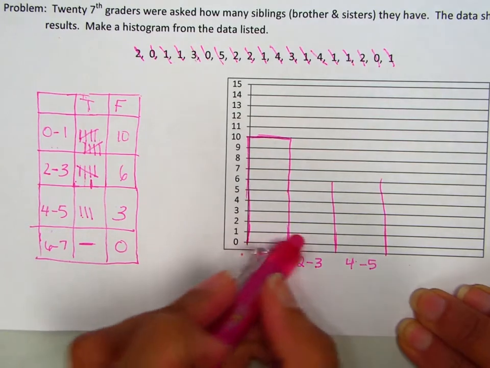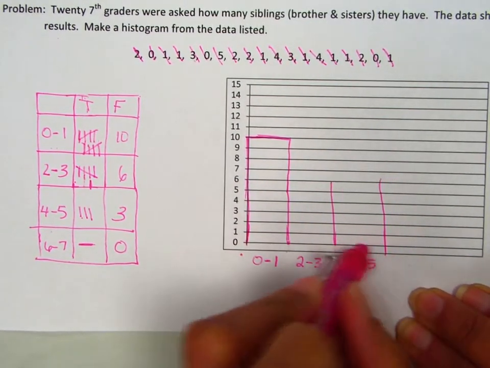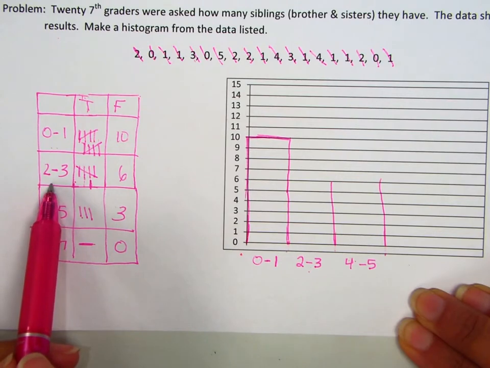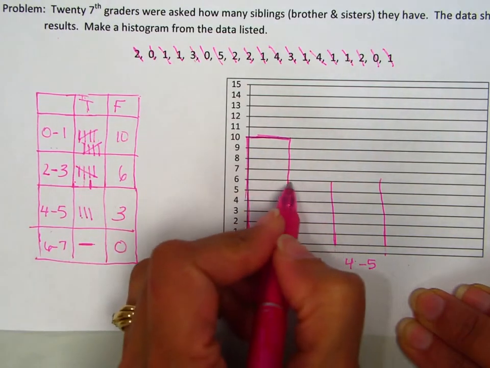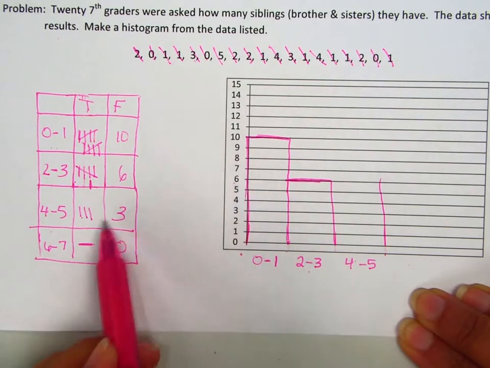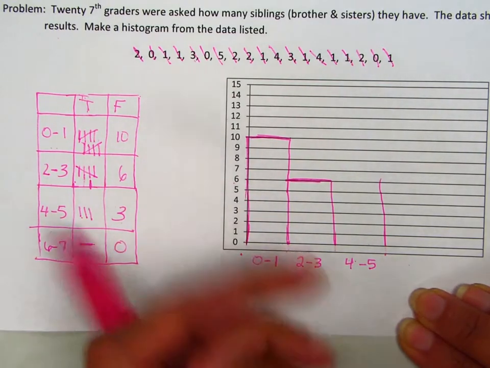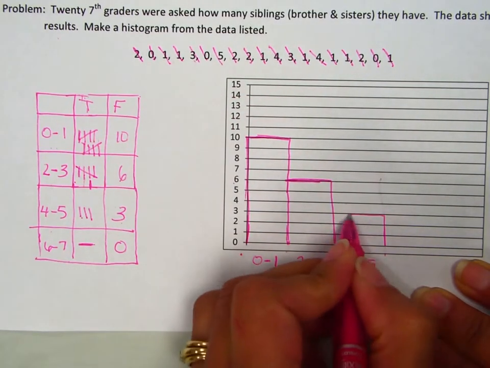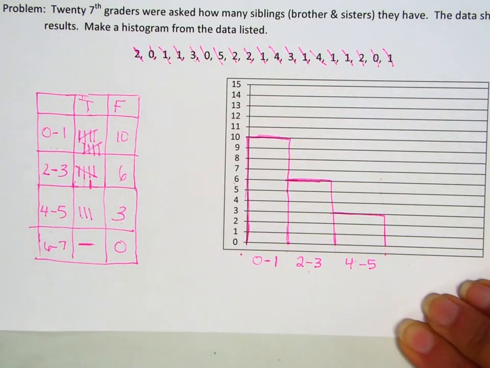And then for 2 to 3, I have 6. So we're right here at 6. And we have 3 people who have 4 to 5 siblings. And that's what your bar chart looks like.